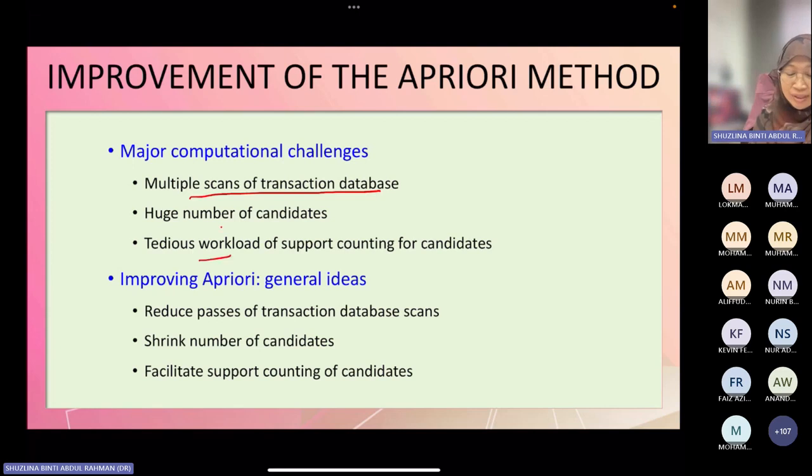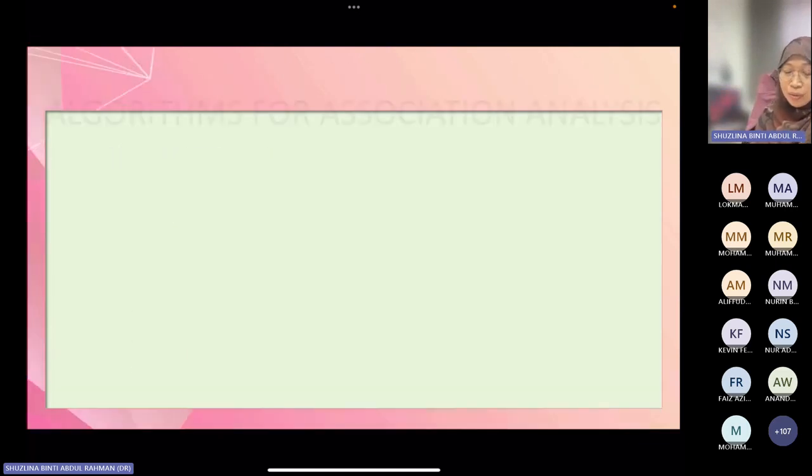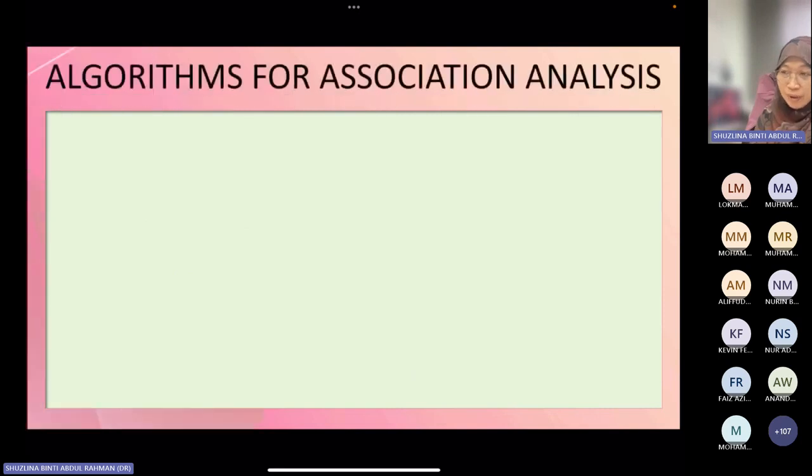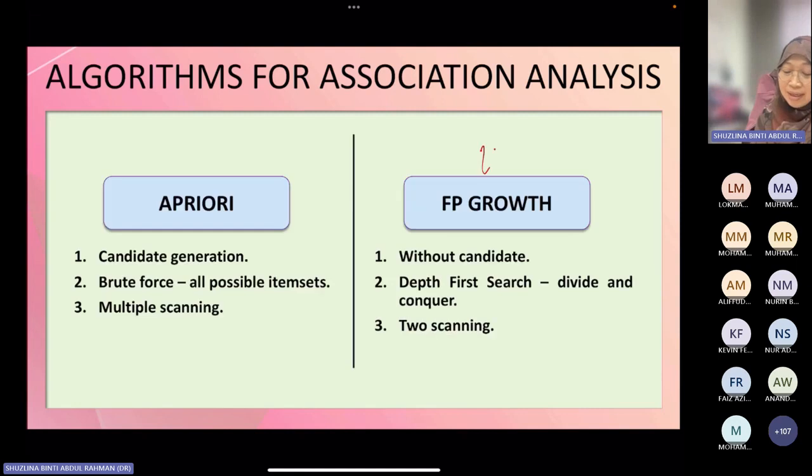It's a very tedious thing. So researchers introduced other algorithms, one of them called frequent pattern growth. The frequent pattern growth will not be discussed in this session. I'll bring this discussion to my next lecture. So these are the main differences between Apriori and frequent pattern growth.